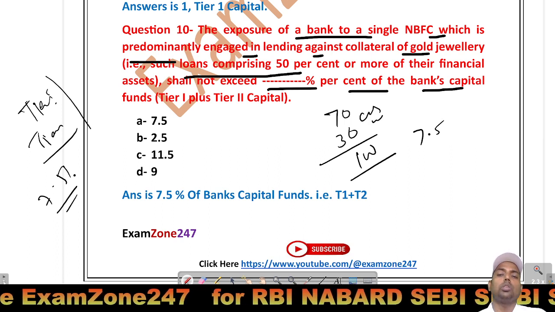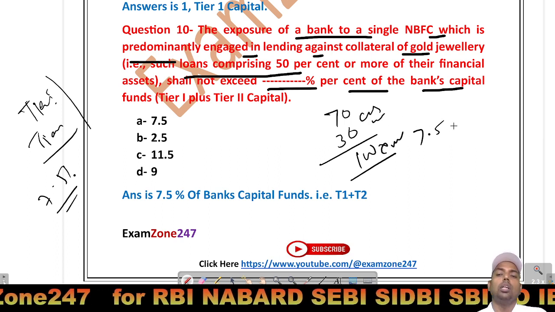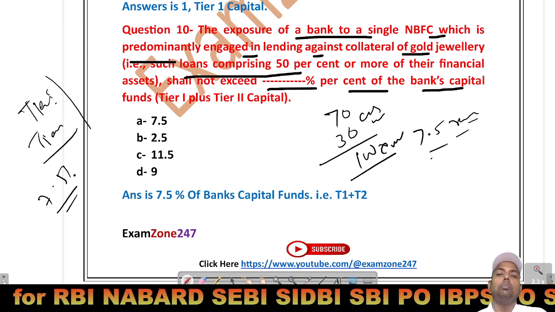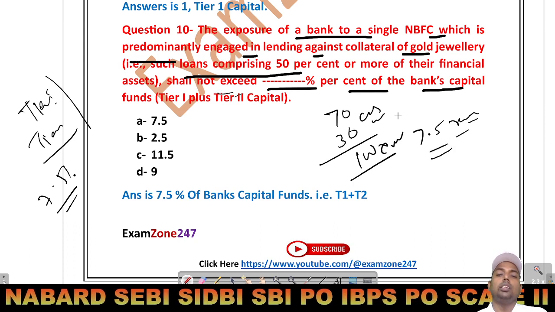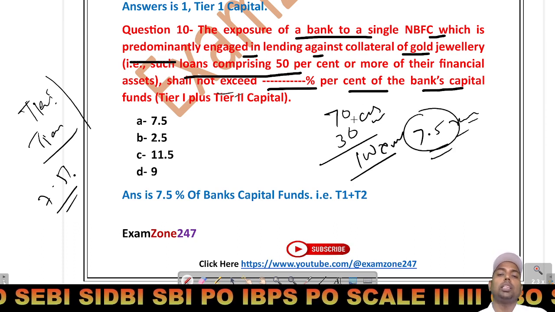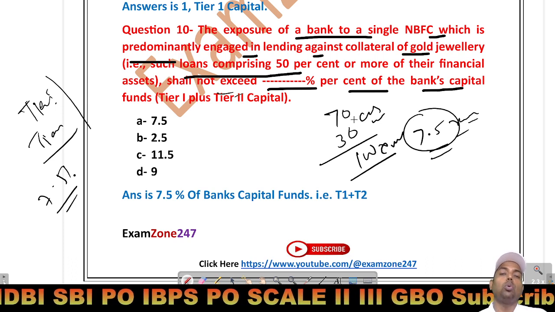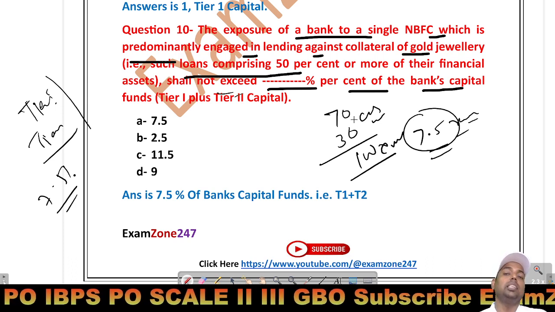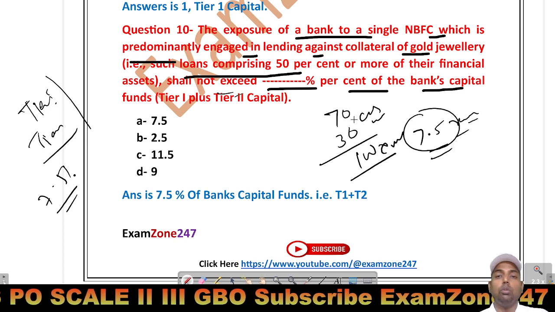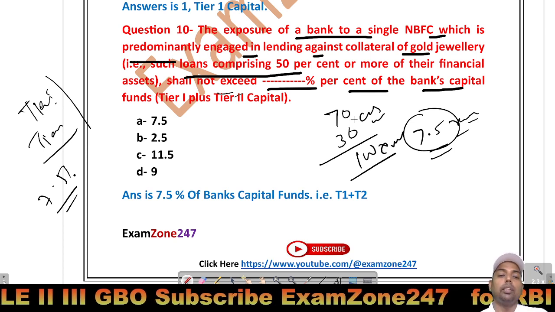Suppose it is crores, then 7.5 crores is this. Means should not exceed 7.5 crore. Means maximum वो 7.5 crore ही लोन दे सकता है ऐसी एनबीएफसी को जो प्रीडोमिनेंटली गोल्ड लोन में काम कर रही है.